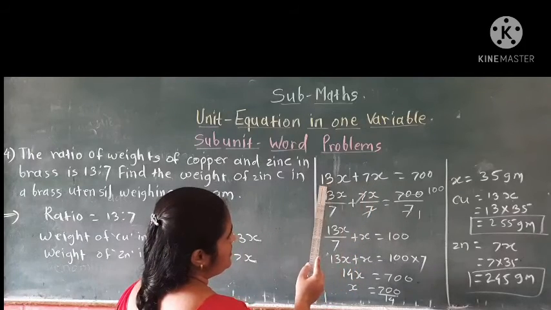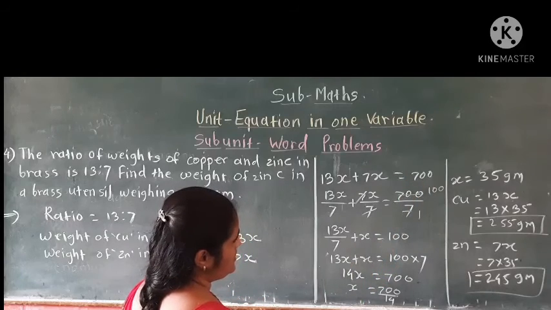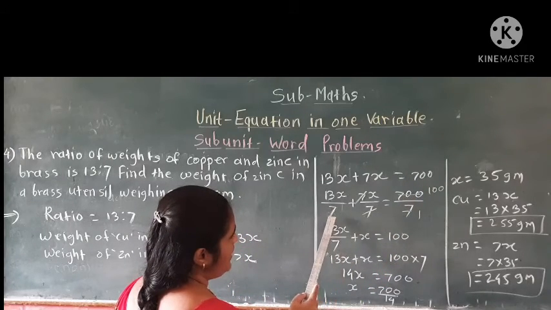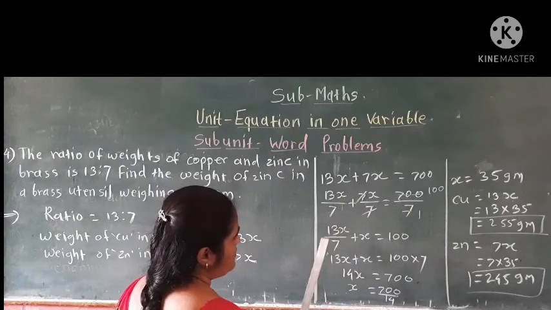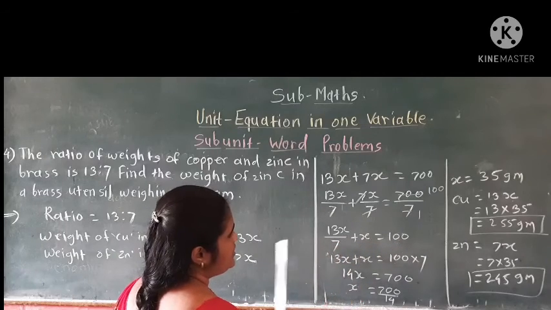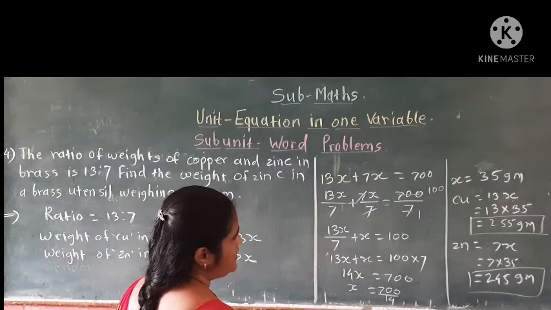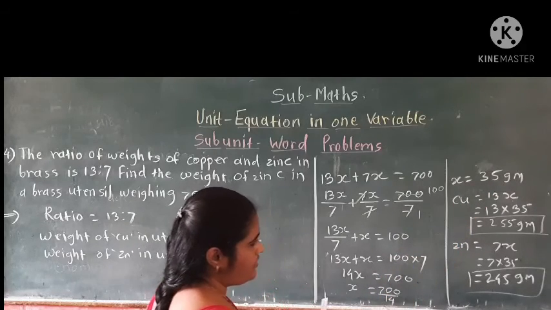Therefore, the equation will be 13x plus 7x is equal to 700. We first divide both sides of the equation by 7. After that, the answer will be 13x divided by 7 plus x is equal to 100. Then the final answer is x is equal to 35 grams.